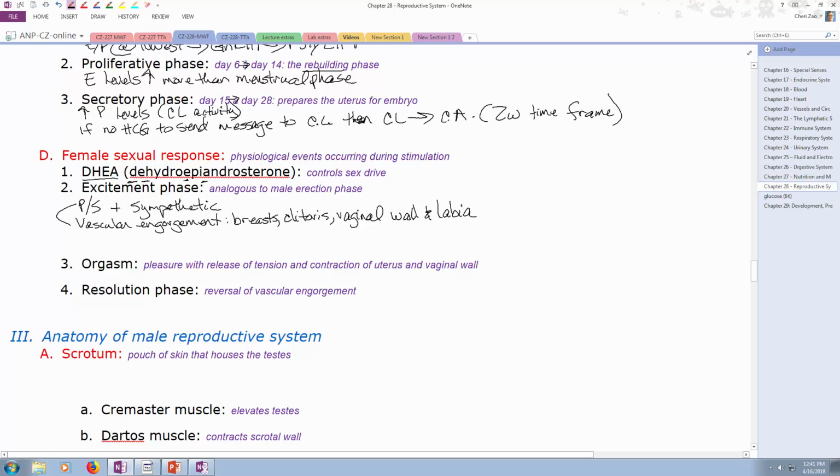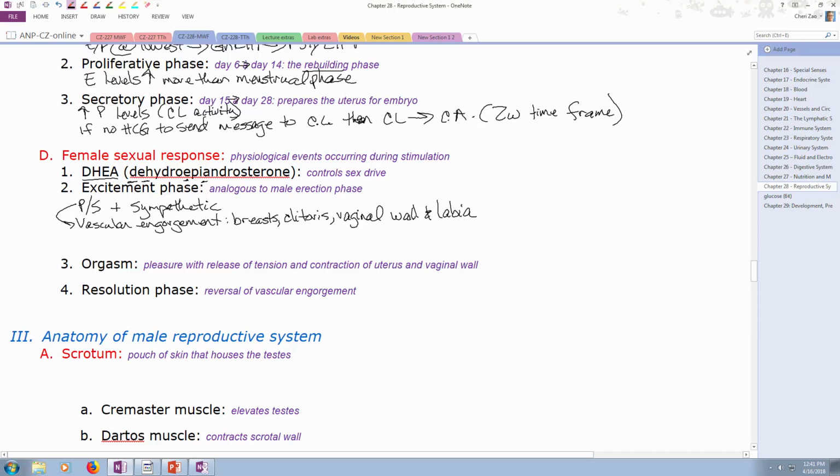That's all under parasympathetic control. So this is interesting. Most vascular structures, blood vessels in other words, are under sympathetic control. With our genitalia, that's the only area that is not under sympathetic control. It's under parasympathetic control when stimulation and excitement occur.